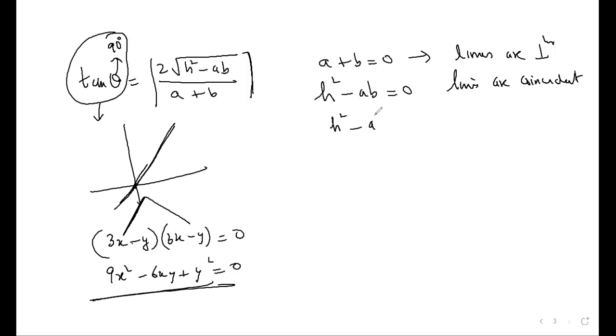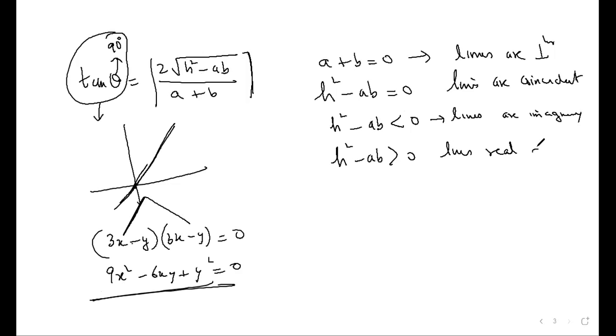If h square minus ab is negative, the root of a negative number is not defined, so lines are imaginary. If h square minus ab is greater than 0, lines are real and distinct. They are different lines.